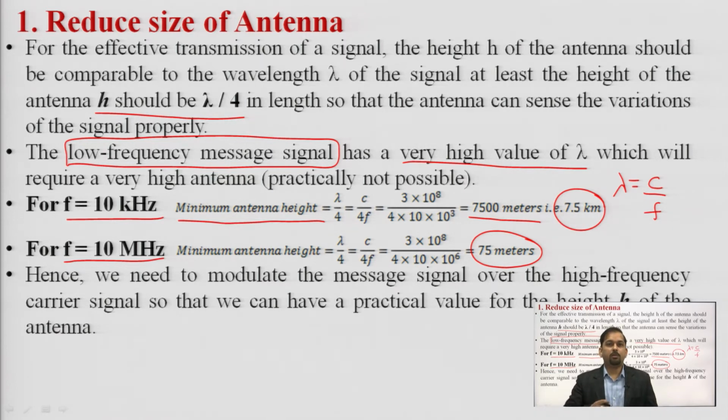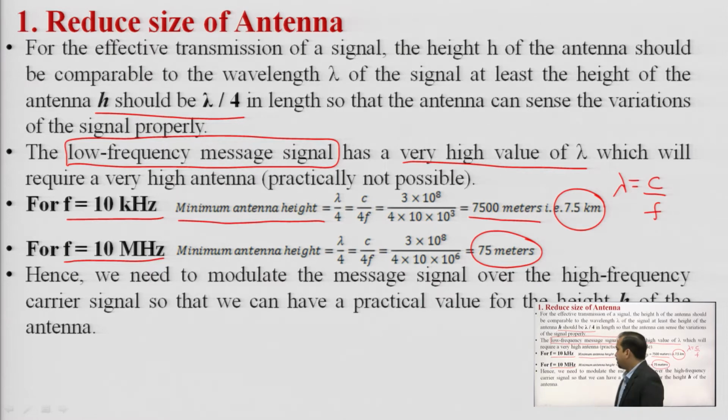Comparing 7.5 kilometers and 75 meters, 75 meters is very small, which is practically feasible to design. It will decrease the design cost of antenna, so the cost is also reduced.